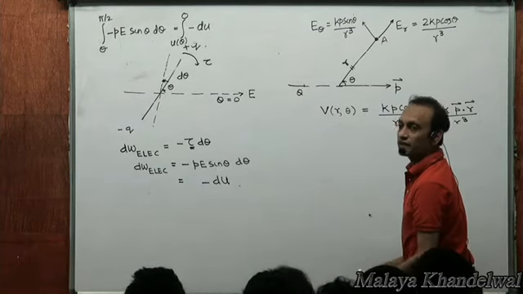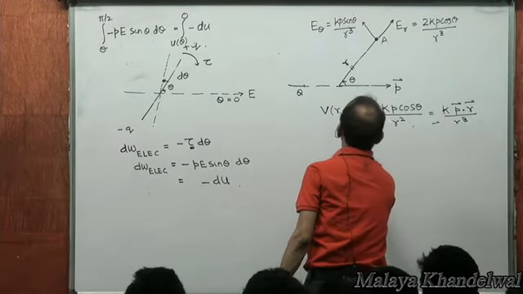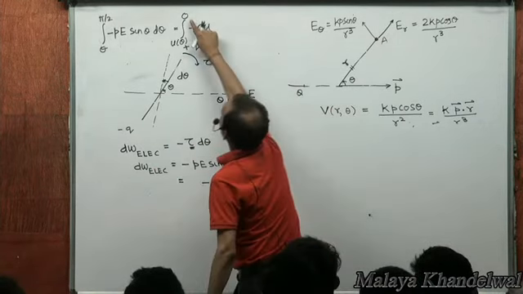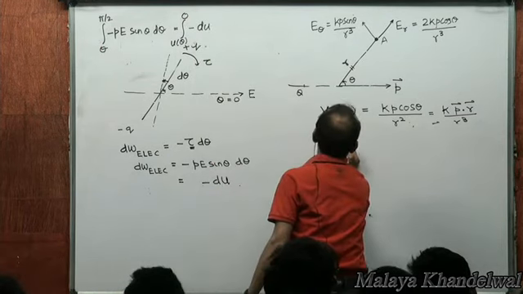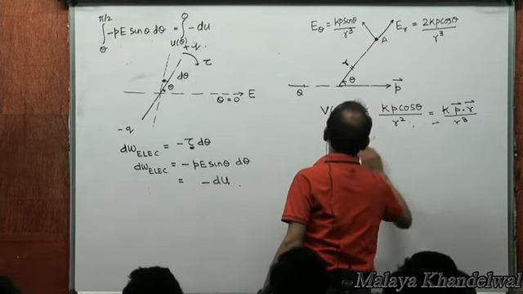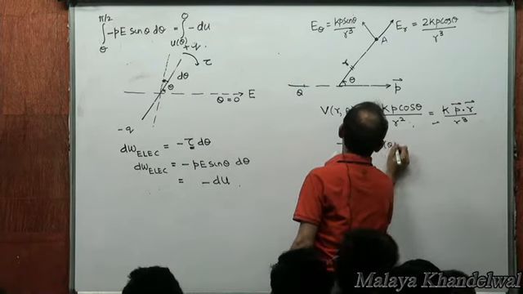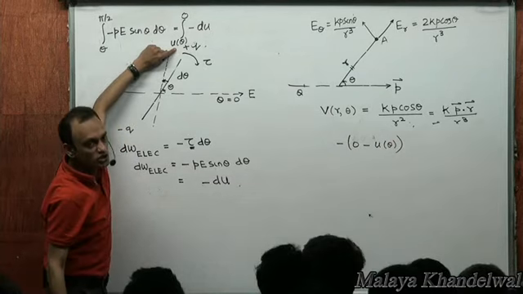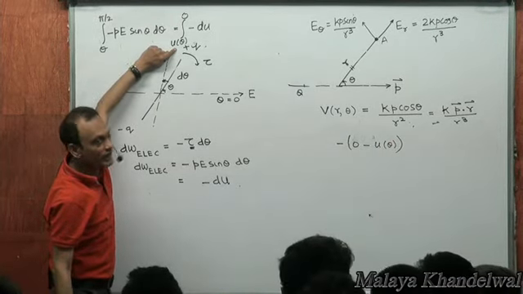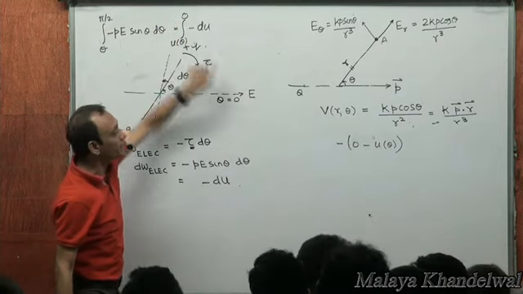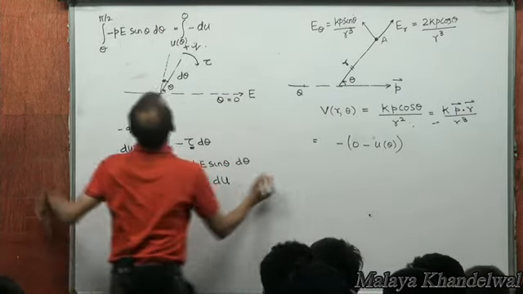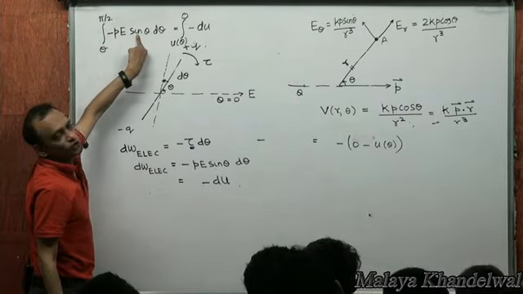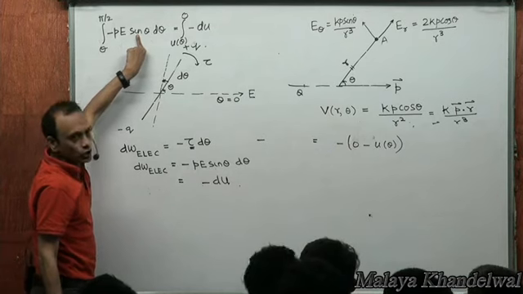The minus in the first place will get cancelled, right? So on the right hand side, I've taken minus out. 0 minus U at theta is what I get when I integrate. The left hand side: if I integrate minus sine theta, I get cos theta.